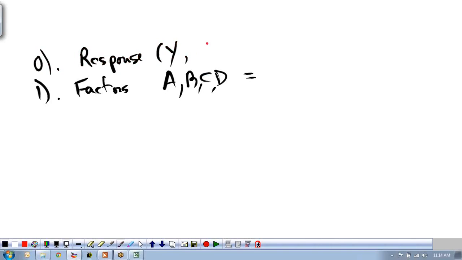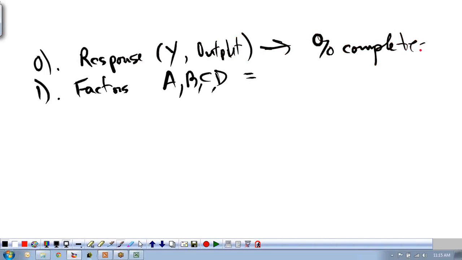That's the Y, the output. That was the percent complete in the example here. We decide upon the factors. These were the A, B, C, D, E's, right? And we also decided upon their levels. That was the long versus short, the -1s versus +1, Midwest versus North, Northeast, etc. Okay?